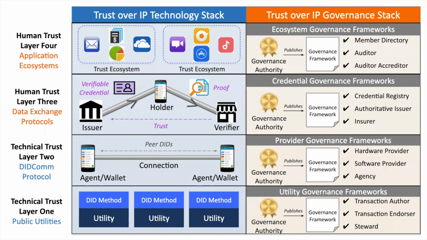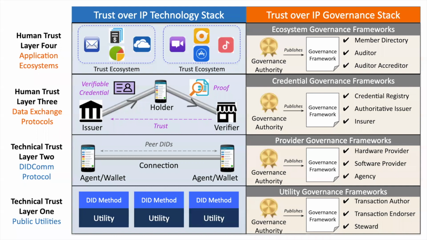An example from the real world today is our passport system. It is an international set of credentials that took decades to evolve and has regulatory support in governments all over the world. That is certainly an ecosystem governance framework for the travel area.